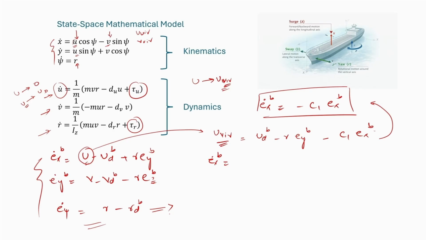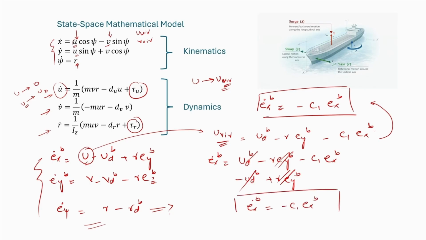So once that happens, this u will be replaced with u virtual. So this will become u desired body minus r ey body minus c1 exb. And then we have these terms minus u db plus r EYB. So this term will cancel out with this one. This will cancel out with this one. And Ex dot B will be minus C1 EXB. So we will achieve our asymptotic stability.